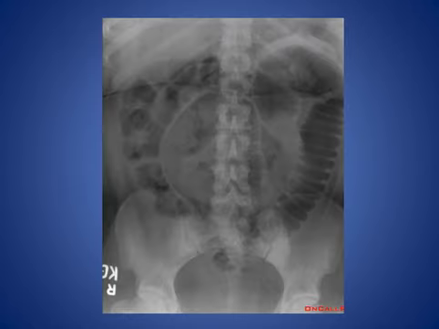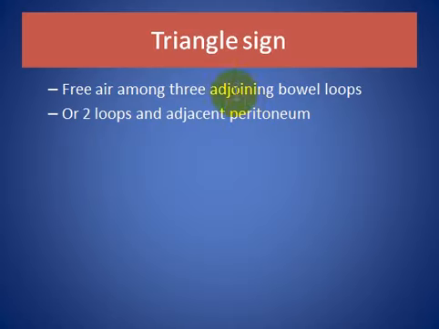Another example of a regular sign, as we see here: dilated bowel, and the bowel is outlined by the air outside and the air inside the bowel, in the peritoneal cavity.